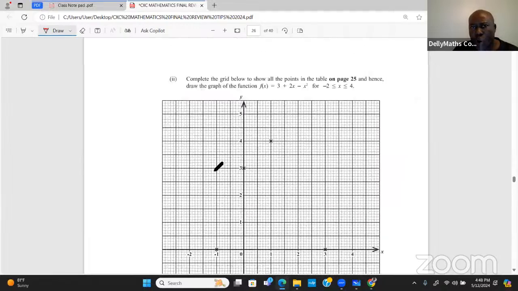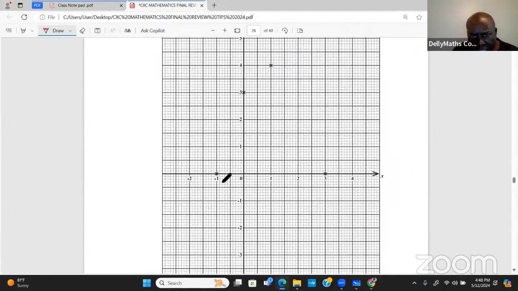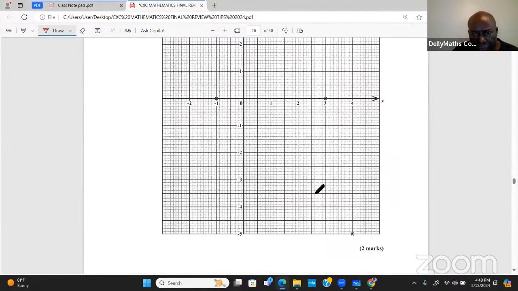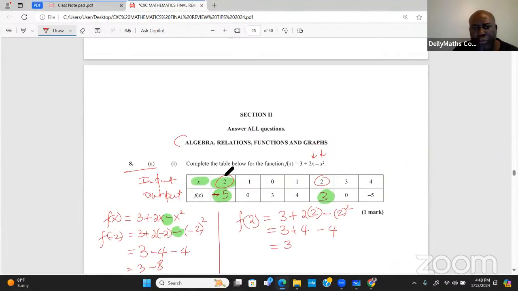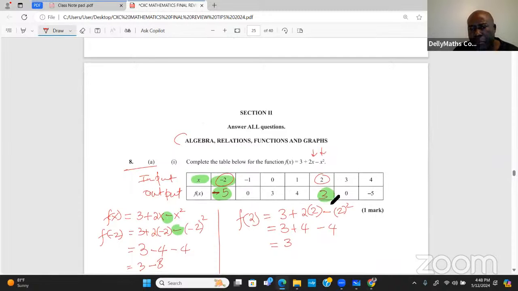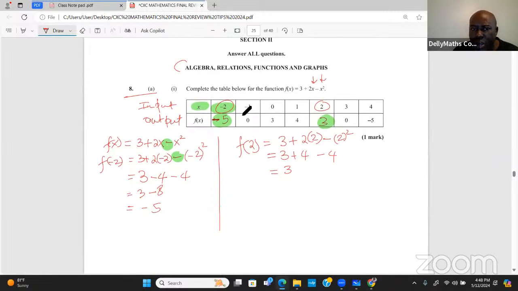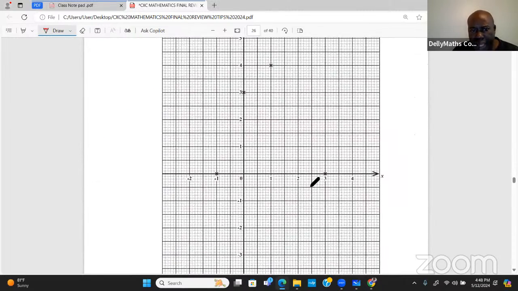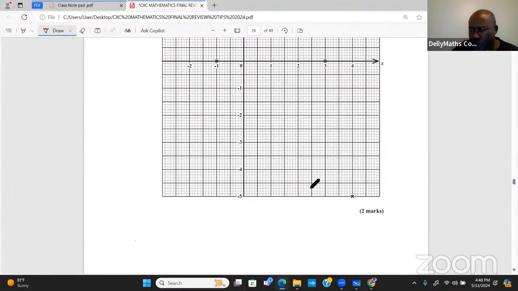All right. So they plotted 1, 2, 3, 4, 5. So they plotted 5. So we're going to plot ours. We're going to plot -2 with -5 and 2 with 3. All right, let's go for that. -2 with -5. Let's plot those.